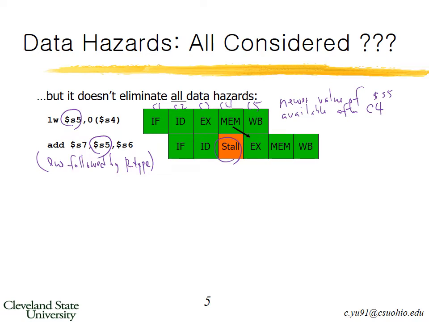For the load word instruction, the newer value of register 5 is available after cycle 4, because you have to access the memory to get it. Although it is written in cycle 5 in the write back stage, the newer value is available after cycle 4. The addition instruction is trying to use it in the execution stage, so there must be at least one pipeline stall, which is simply unavoidable.